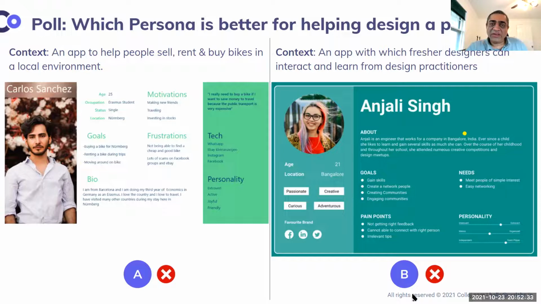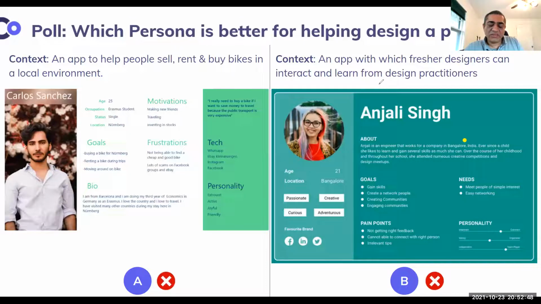So for example, in Anjali's case, these are real-life portfolios that we've received around the world for ourselves. One person was, I think, applying out of Germany. The other person, someplace else.